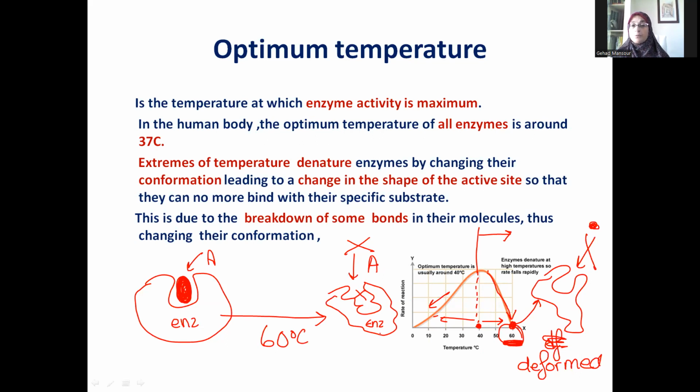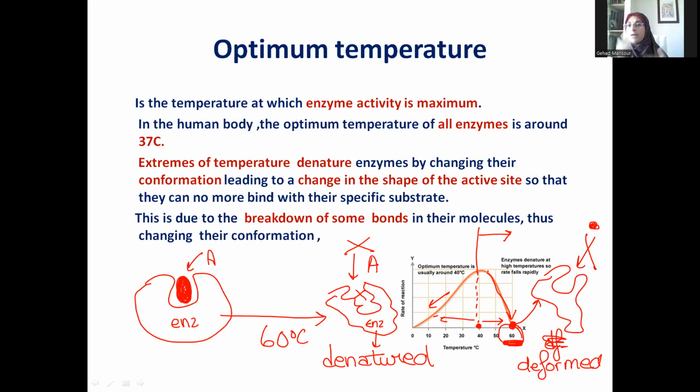In such a case, we say that the enzyme has been deformed or the enzyme has been denatured. So denaturation occurs when there is excessive heat. And when there is excessive heat, the molecule of the enzyme has some chemical bonds that are broken inside it, and therefore it changes its shape, because the original genuine 3D shape of the enzyme molecule is stabilized by chemical bonds.